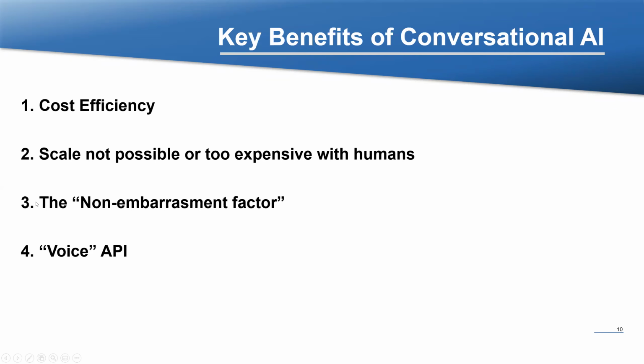The last one is a voice API. It's a little bit more tricky to understand. It's when, for example, you would like to find out which car workshop has an appointment free for tomorrow afternoon. You need something urgent.